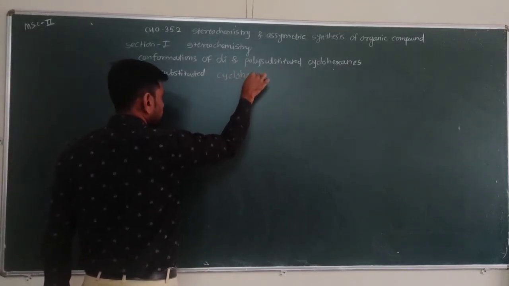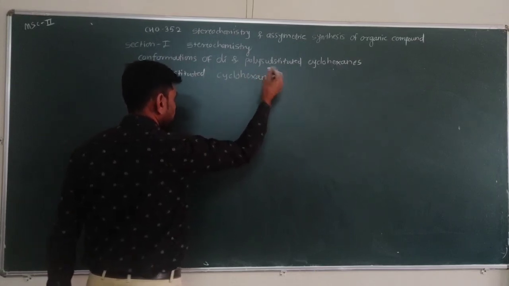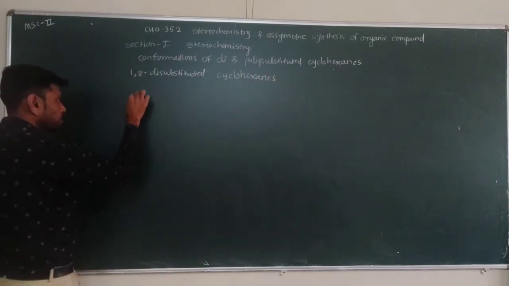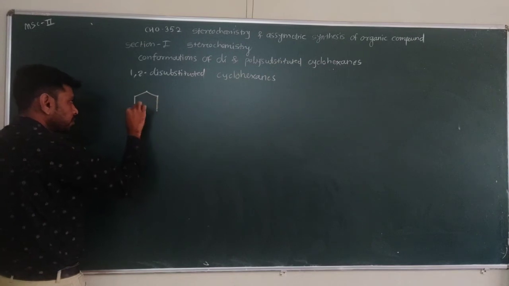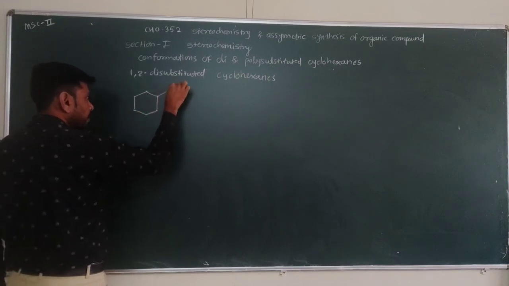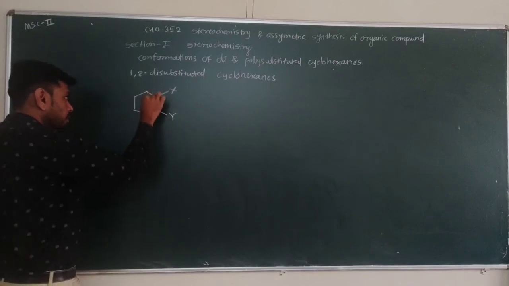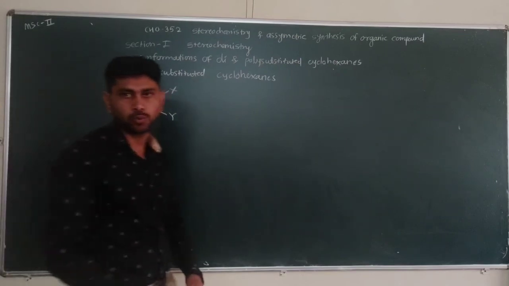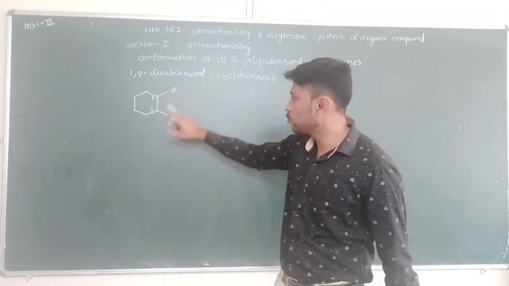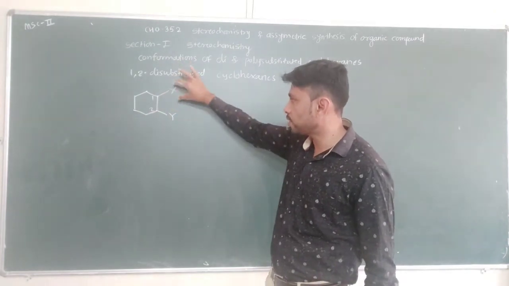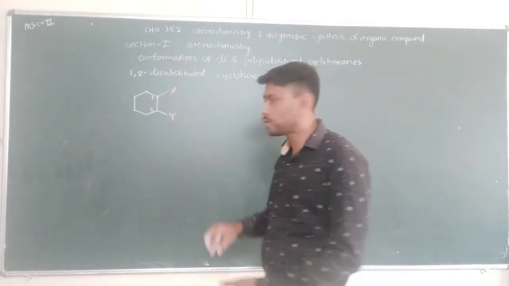Let's see the structures of 1,2 disubstituted cyclohexanes in chair conformation. 1,2 disubstituted means one substituent is at position number 1 and another substituent is at position number 2.